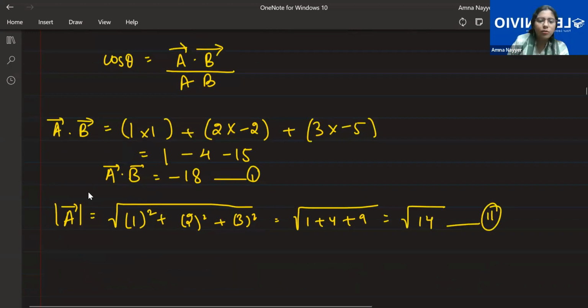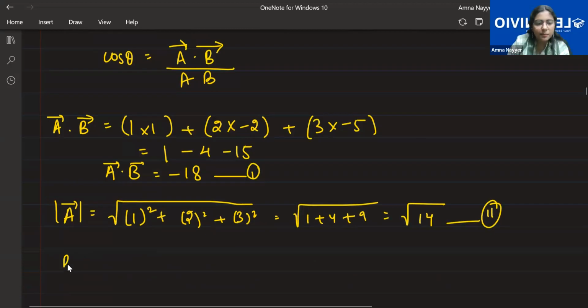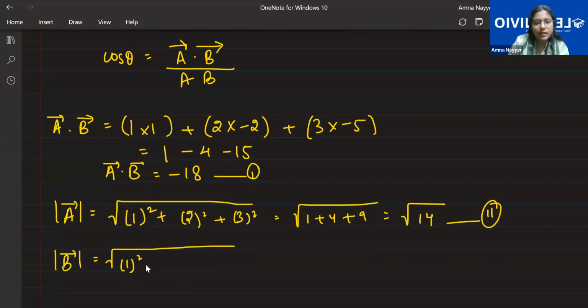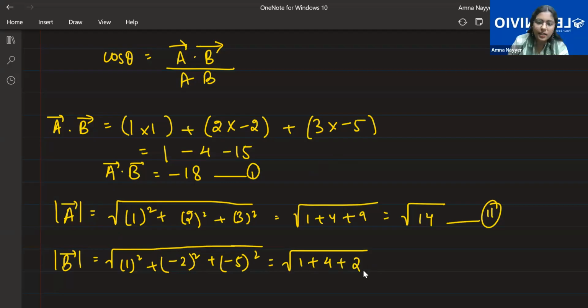Then you have to calculate the magnitude of B. So this will be 1 square plus minus 2 whole square plus minus 5 whole square. So this becomes 1 plus 4 plus 25, this is 30. This is the third equation.